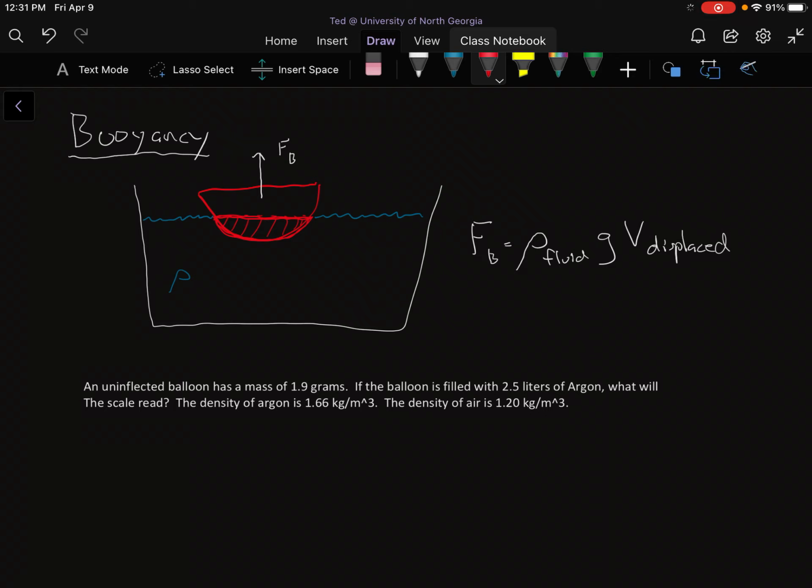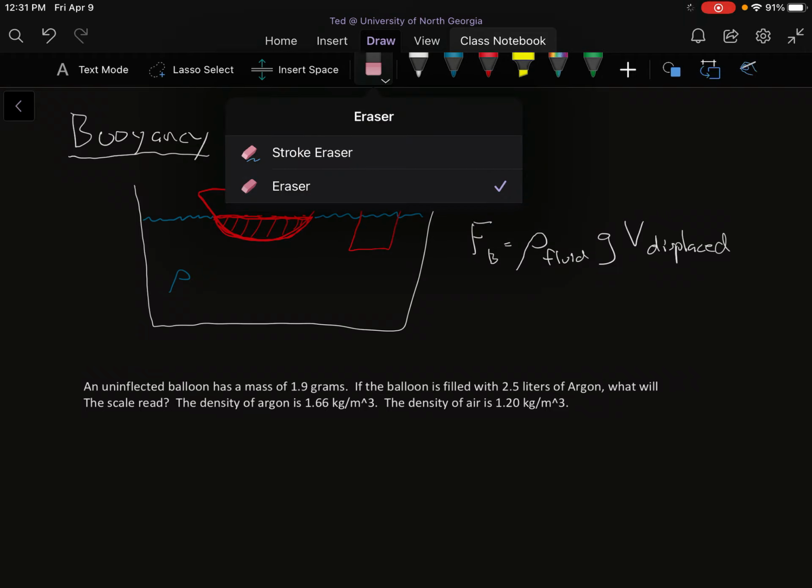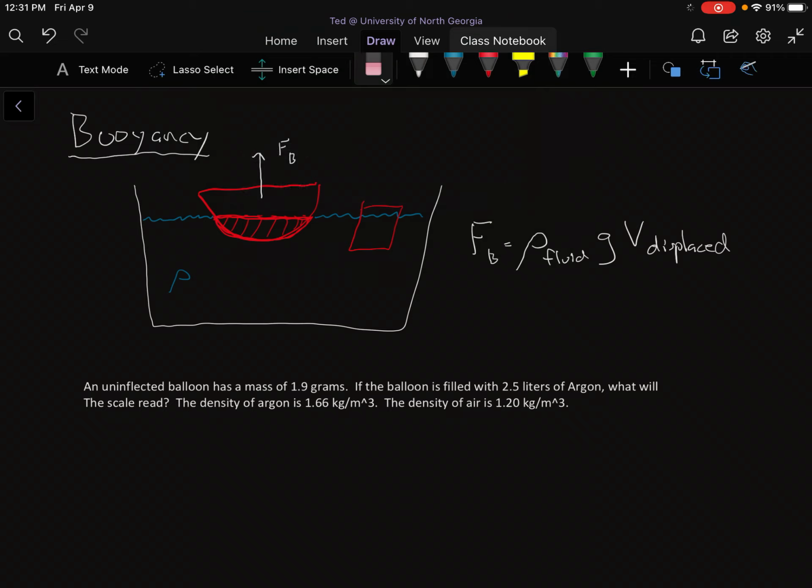So this shows up in lots of situations. Obviously a floating boat, or even just a floating piece of wood or a floating piece of ice. But it doesn't have to be floating, right? We could also have an object that's fully submerged, and there's still going to be a buoyant force.